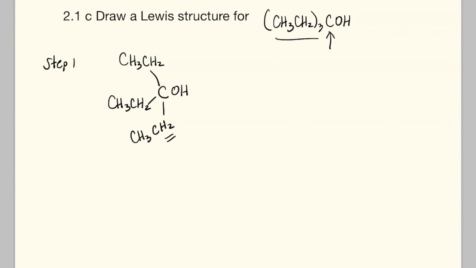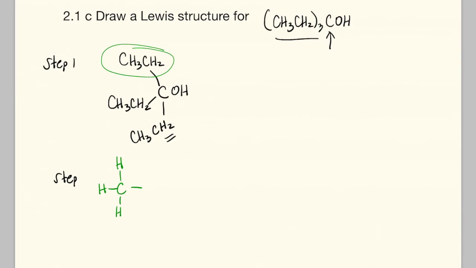Now in step 2, what Klein suggests is to now draw in all the C's and H's, okay? So I'll focus on this CH3CH2 here. A CH3 is a commonly occurring group in organic chemistry. It's going to be carbon with 3 hydrogens.